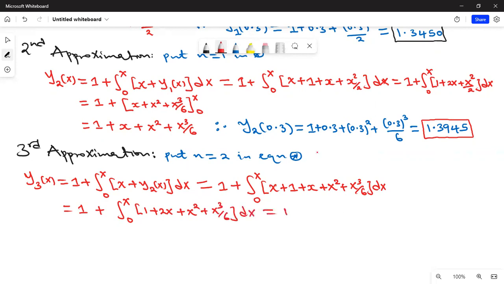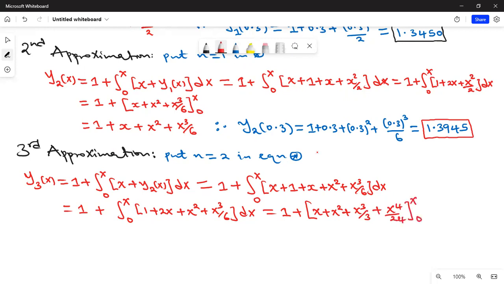Upon integration, we are going to get 1 plus x squared plus x cubed over 3 plus x raised to 4 over 24.